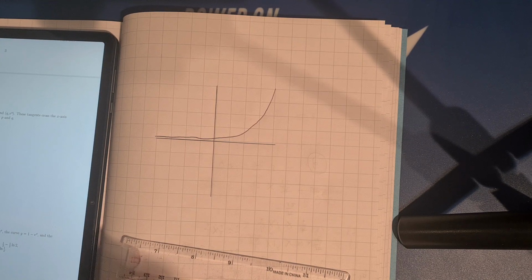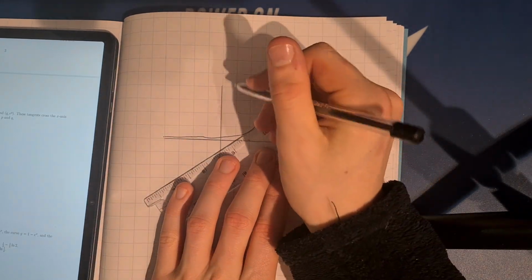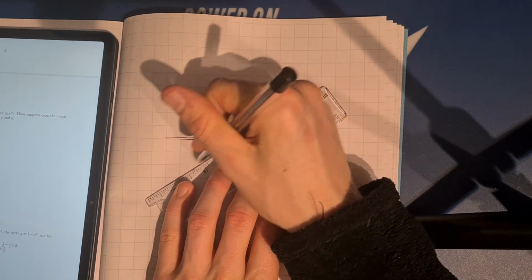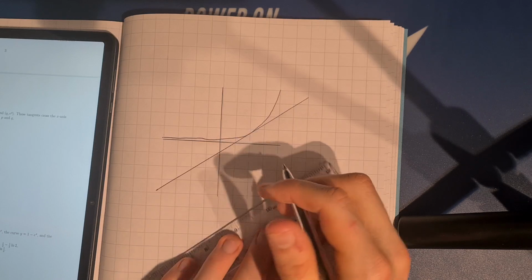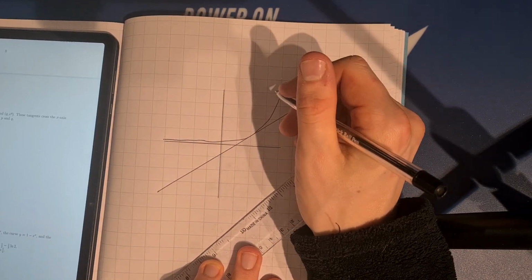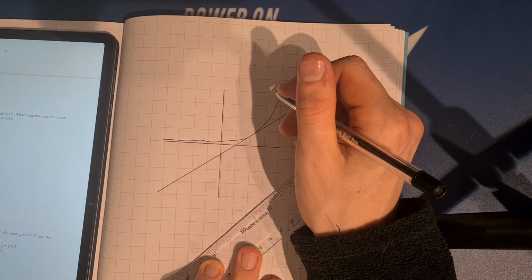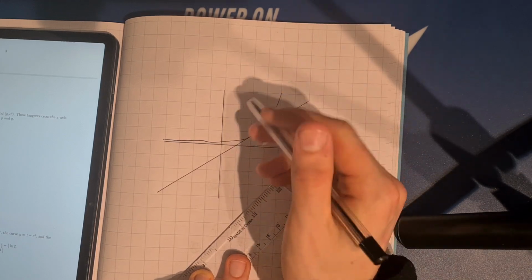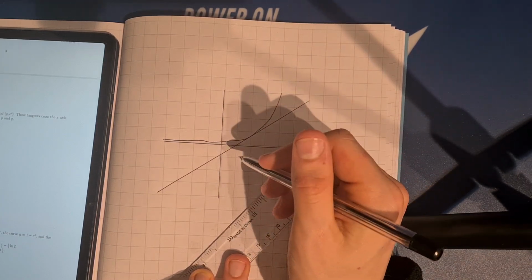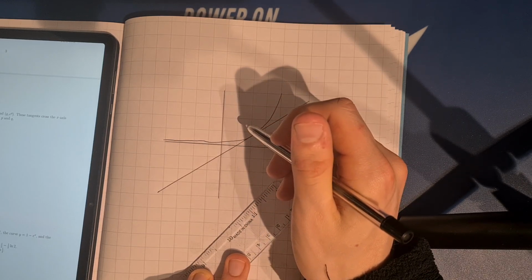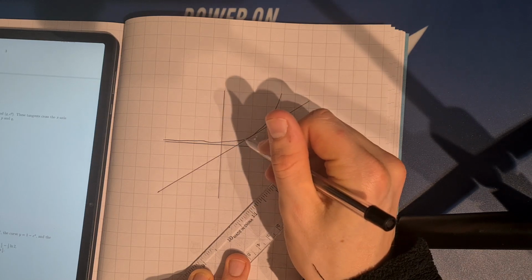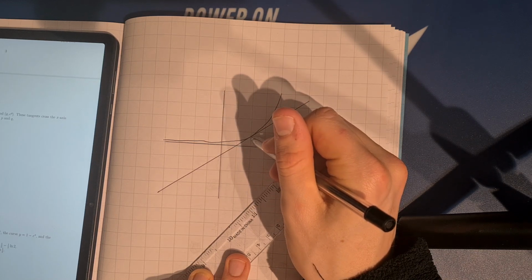These tangents cross the x-axis, so we're just going to draw 2 tangents. We'll draw one like that. Tangents are drawn at P, e to the P. So let's say, I don't know, P is 1, Q is 2. We'll just do that. So P and then e to the 1, so that's 1.